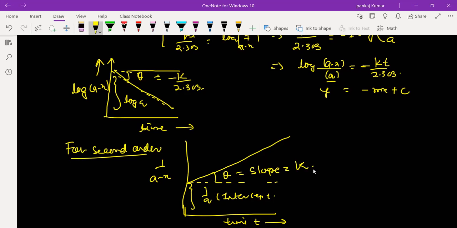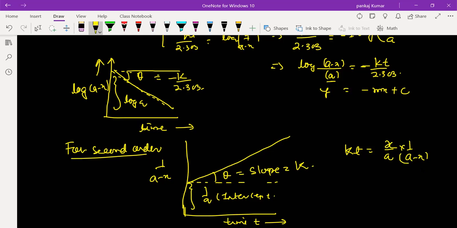Yes, I think we can derive the equation from here. Second order derivation only. Yes. So if you remember, kt is equal to x by a into 1 by a minus x. Is it okay?